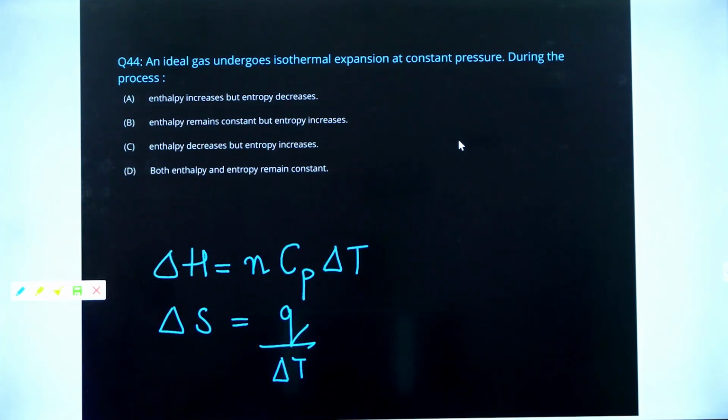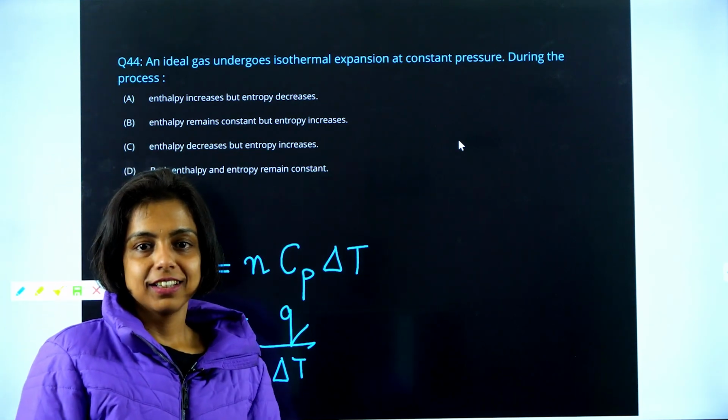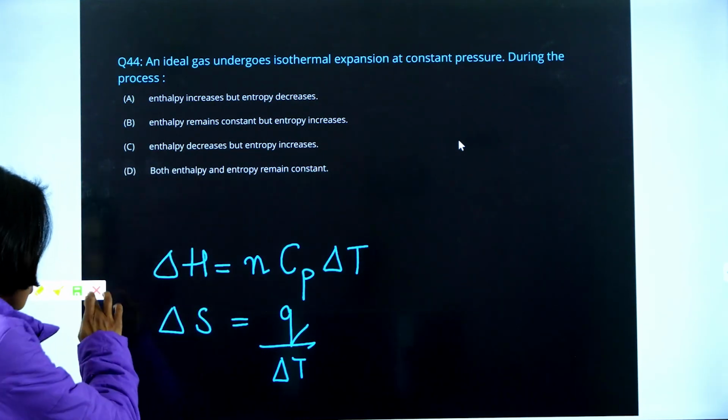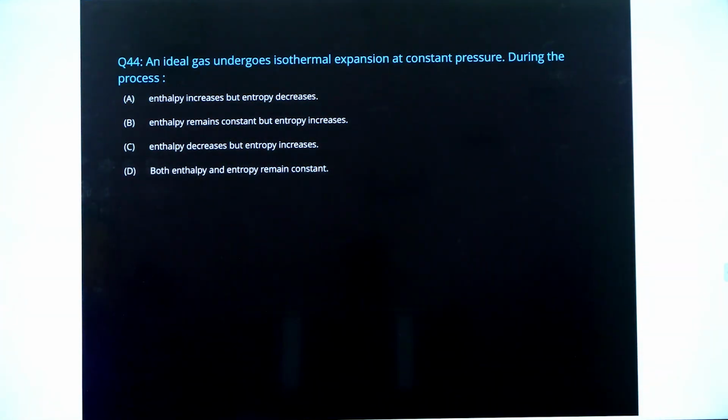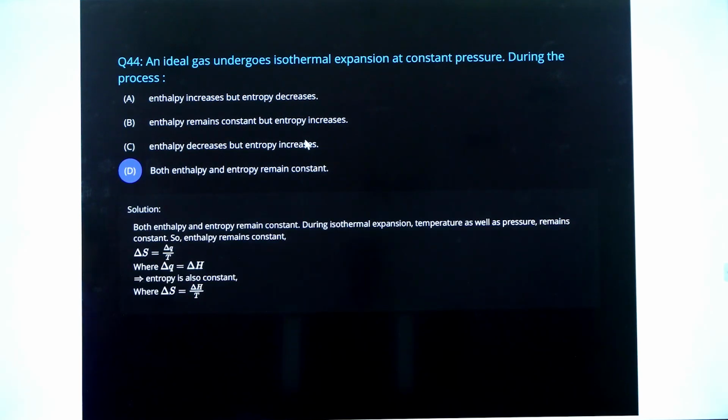If temperature is constant, delta T is 0. There is no change in temperature. Isothermal, that means of course both enthalpy and entropy are not changing because temperature is not changing. It is isothermal, right? Isothermal compression or expansion, so both enthalpy and entropy remain the same as delta T is 0.